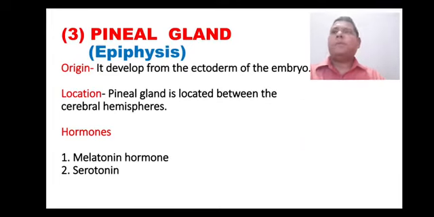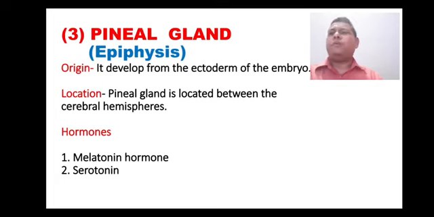Location: the pineal gland is located between the cerebral hemispheres, where it projects from the roof of the third ventricle. The pineal gland is a small rounded body which consists of pineal cells and supporting glial cells.